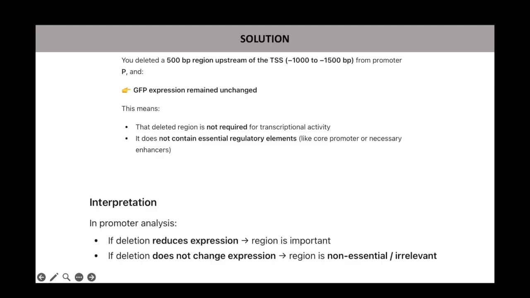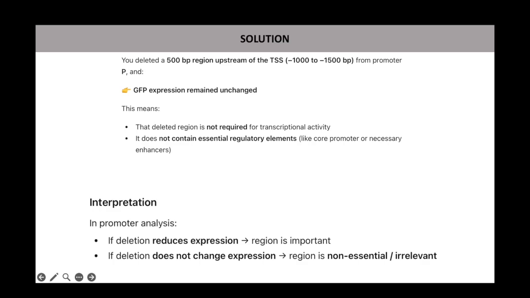If the removal of any fragment from the promoter causes any change in the expression of the downstream gene, that means that particular region in the promoter is important. But if the deletion is not changing any expression, that means that part of the promoter is non-essential.